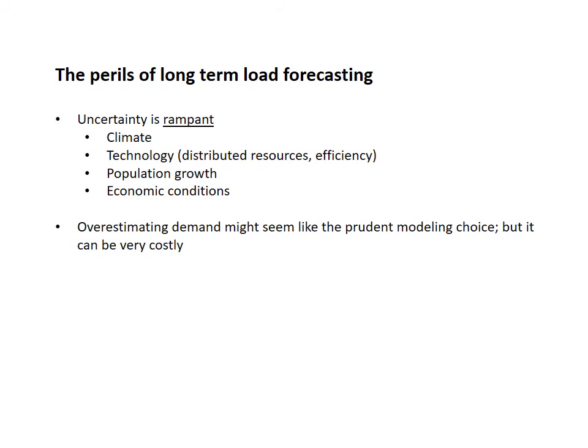Population growth and economic conditions are a little easier to predict, but maybe not on multi-decade timescales either. And in some cases, that is not what you need when you're thinking about building new capacity to meet electricity demand in the near term. If you're only 5 years out, you should be okay.